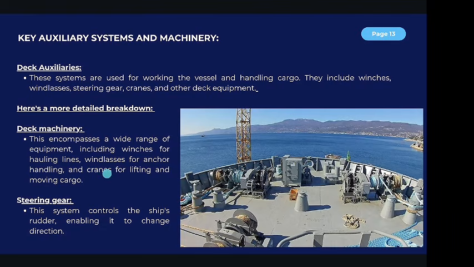Then the steering gear is the system that controls the ship's rudder, enabling it to change directions.